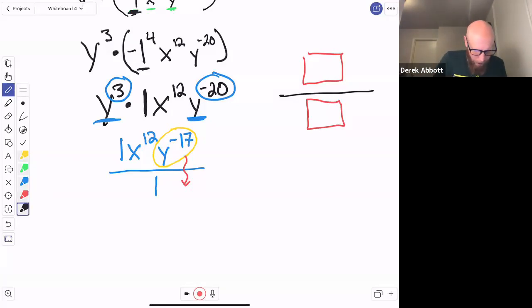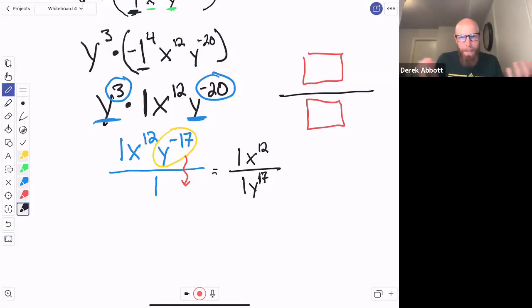So here's what it looks like. If I do that movement, I got 1x^12 on top, and on the bottom I got 1y^17, right? The negative goes away, and it just tells me that I moved that whole base, and it's done. Now I'm going to clean it up a little bit, because 1 divided by 1 is 1, and usually when you have a 1 in front of a variable, we just don't show it.